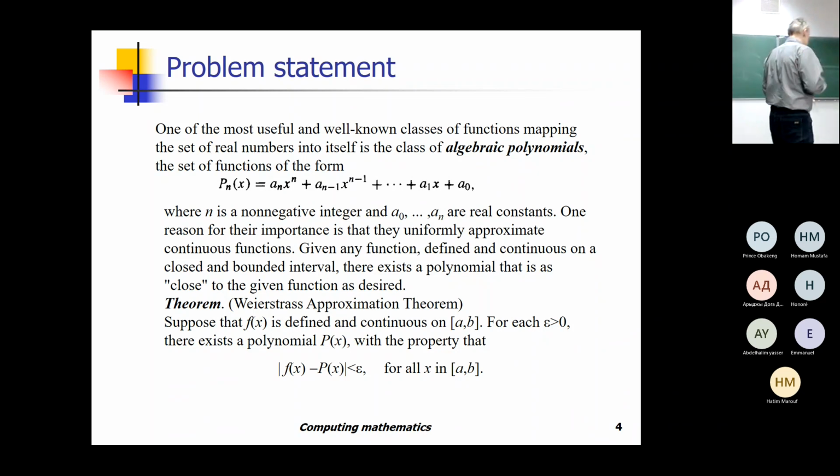I can write, for example, a polynomial of the first degree. Polynomial of the first degree is just a line and the general form of a polynomial of the first degree can be written as P1 of x equals to a0 plus a1x. This is a polynomial of the first degree.